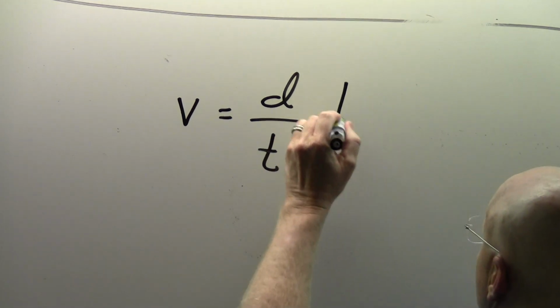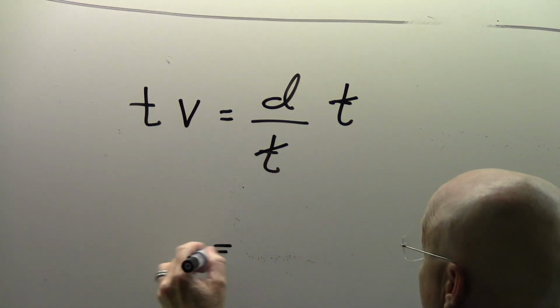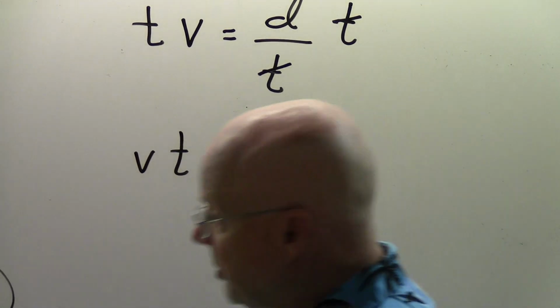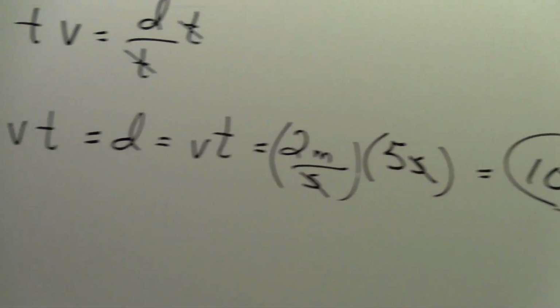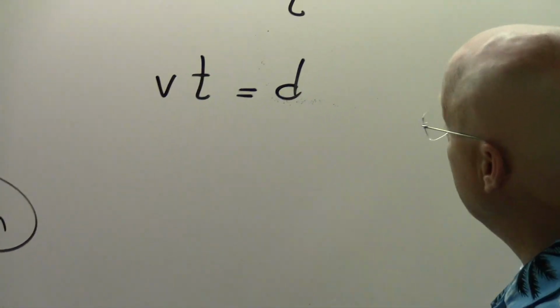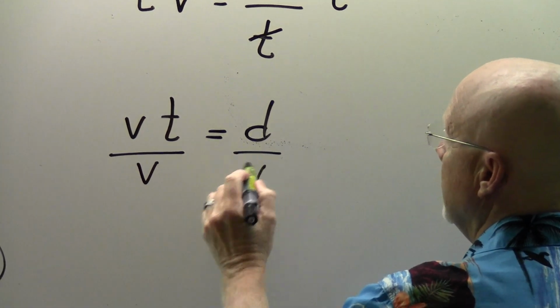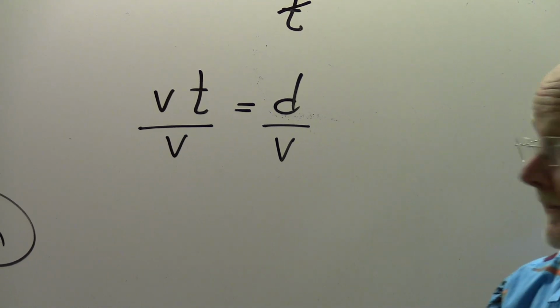And so, as we did in the last step, maybe the first thing to do is to multiply both sides by time. Which brings us back to where we were over here. Okay, I guess we could have started there. But then, to get time by itself, let me divide both sides by velocity, or speed.